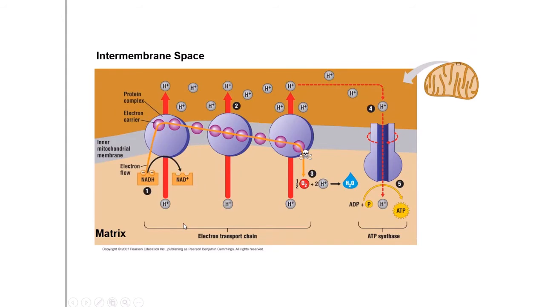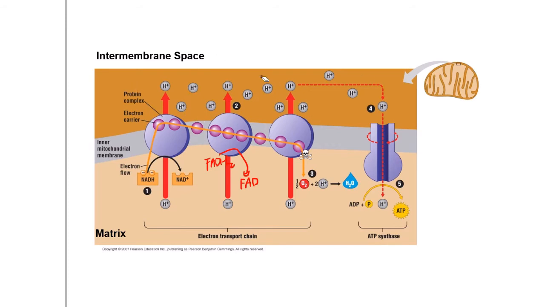So here is the better drawing, the more professional one. You can see the electron transport chain, the 3 proteins. You have the NADH depositing the electrons, and then they're passed down the chain, and the energy is used to pump H plus. You would have FADH2 coming in at a later point, recreating FAD, and that's also going to be pumping H plus.